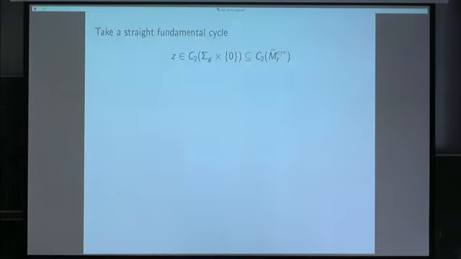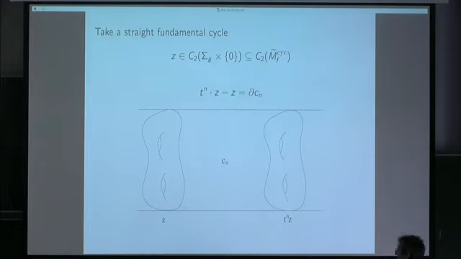So we take a straight fundamental cycle for a surface. We have a surface here. Just think of a straight triangulation, for example, of this surface. And then we translate it by T to the n.